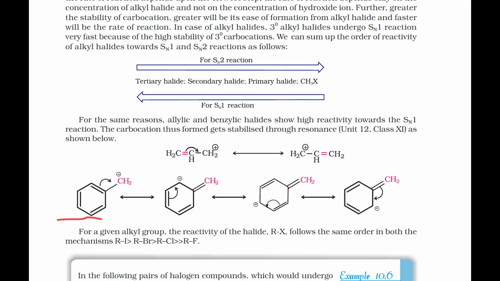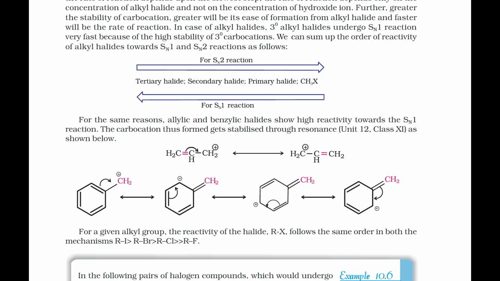These carbocations are more stable. Since they are more stable, they easily form. They get stability by the effect called resonance effect, the movement of the pi electrons.